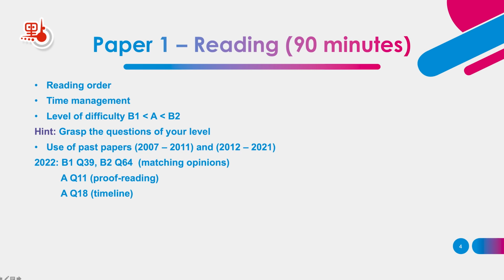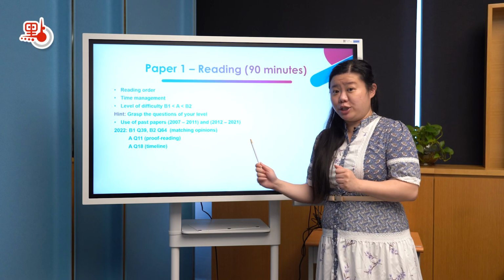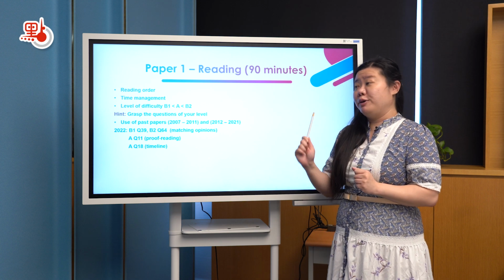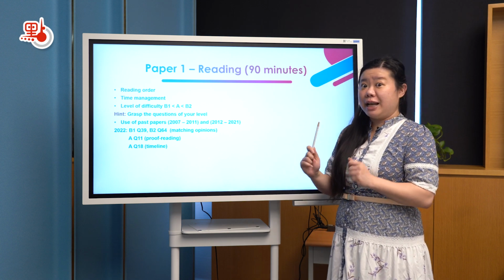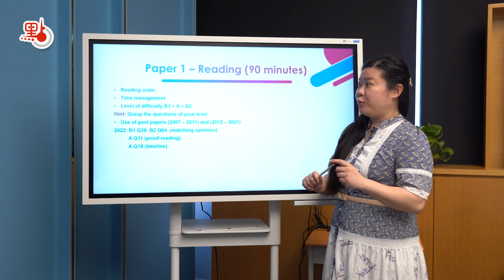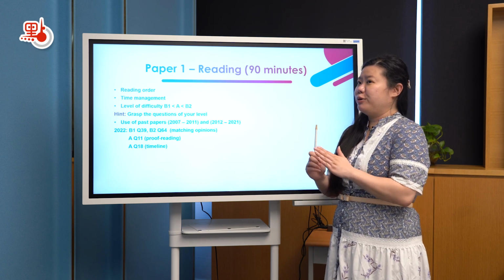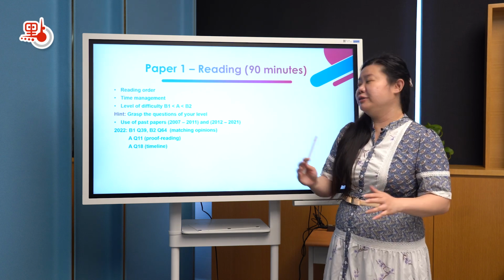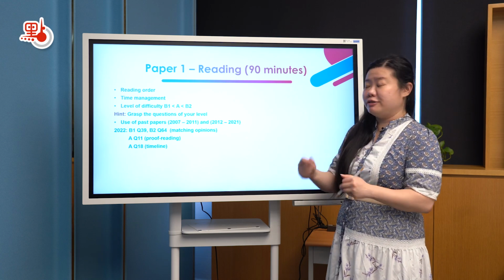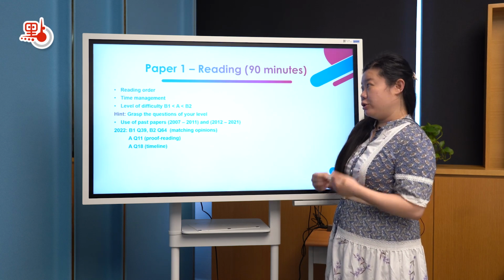So if you get 1 mark in a slightly easier section of part A, then that's worth 1 mark in part B2, if you know what I mean. So we have to be a little bit more clever about which one we choose and become more careful in choosing the questions and answers that you're doing.